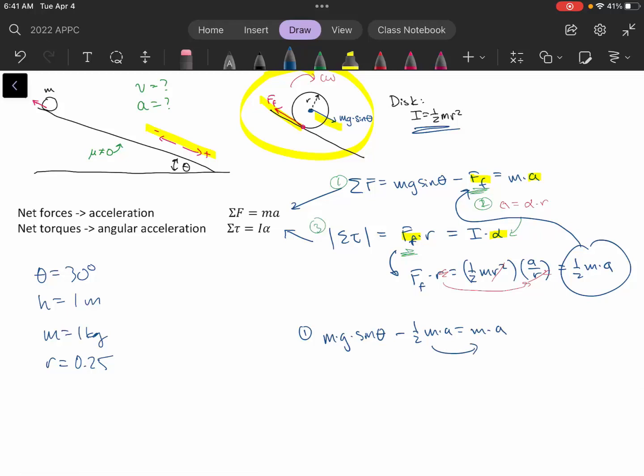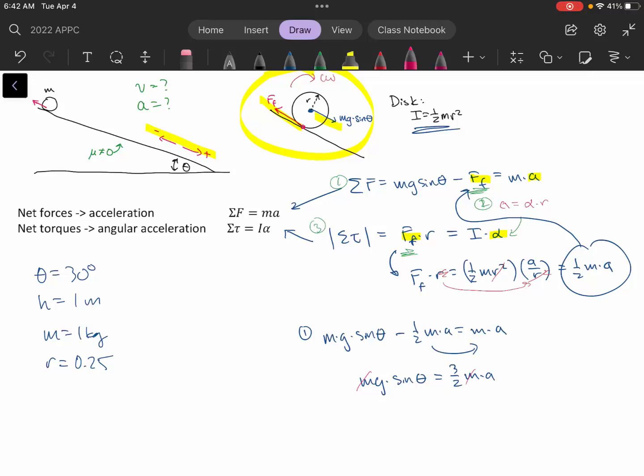And if I add that to the other side, I'd have m times g times sine theta is equal to 3/2 m times a. And if I wanted to solve further, I can cancel the m's out. Another one of those lovely features of something going downhill, that mass seems to cancel out as long as there's no sliding friction causing problems.